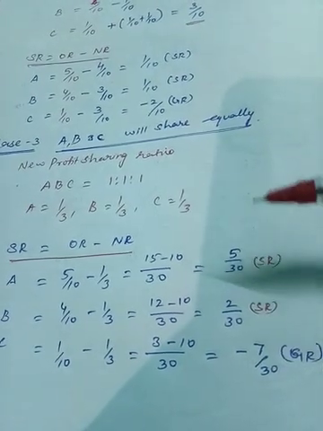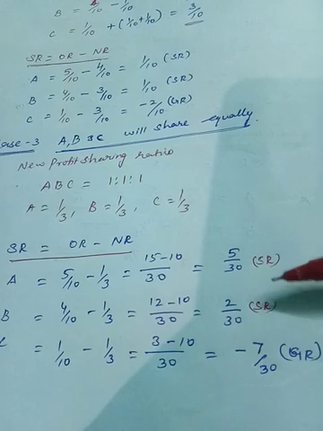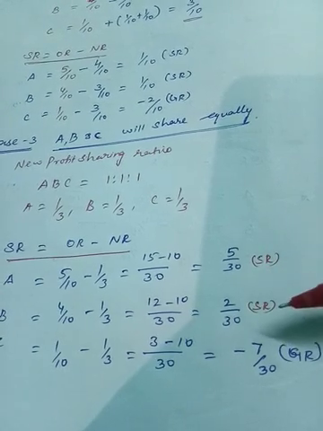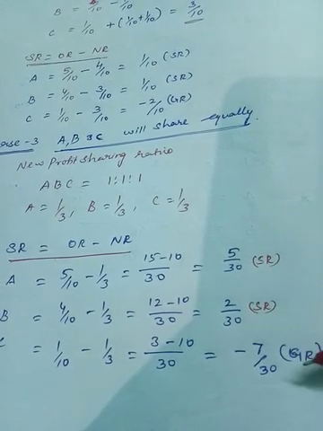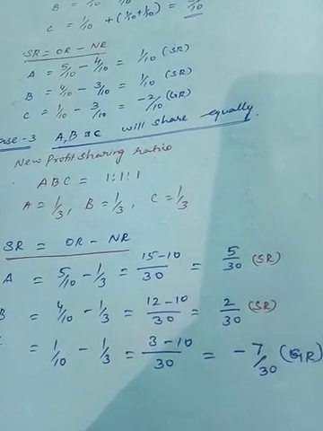So under case 3, A and B sacrifice 5 by 30 and 2 by 30, and C has the gaining ratio 7 by 30.